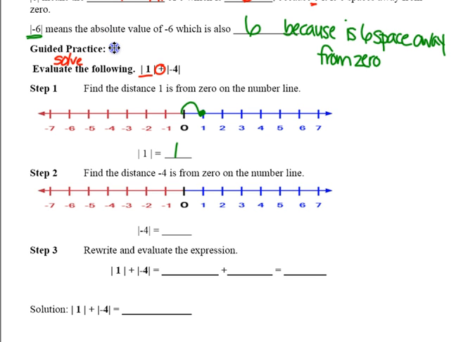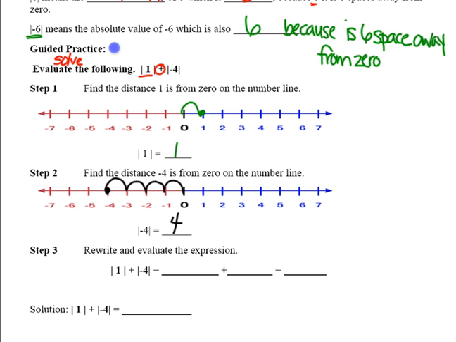This time we'll start on -4, and we're going to see what our distance is from 0. 1, 2, 3, 4. So the absolute value of -4 is 4.